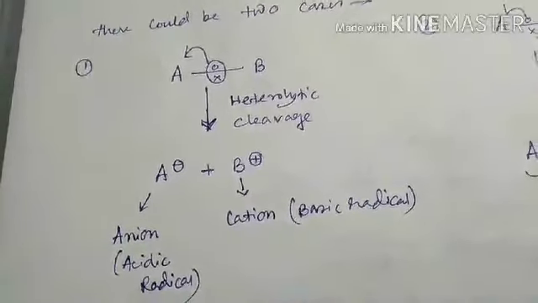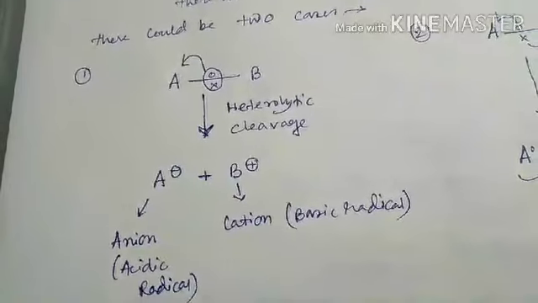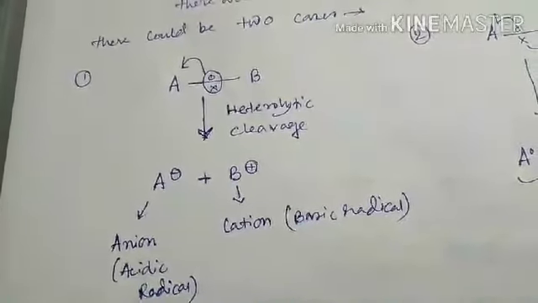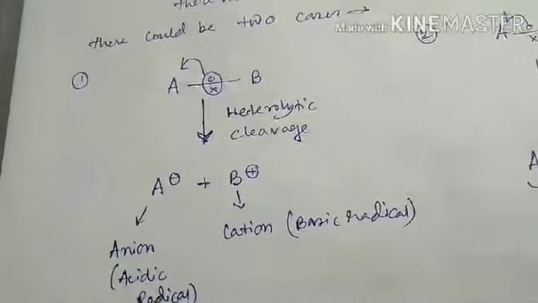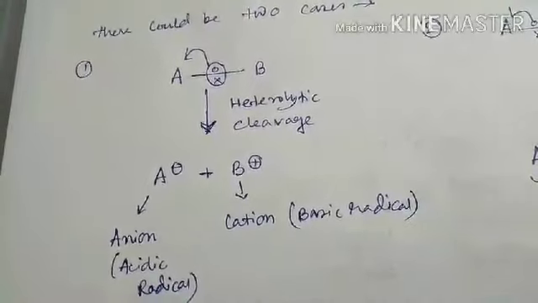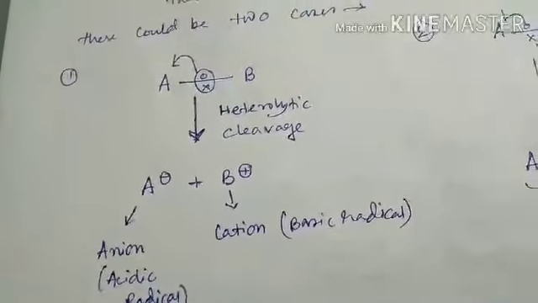Thus A becomes A minus and B becomes B plus. So A is anionic and B is cationic. A minus is called an anion and B plus is called a cation. Anion is also called acidic and cation is also called basic.